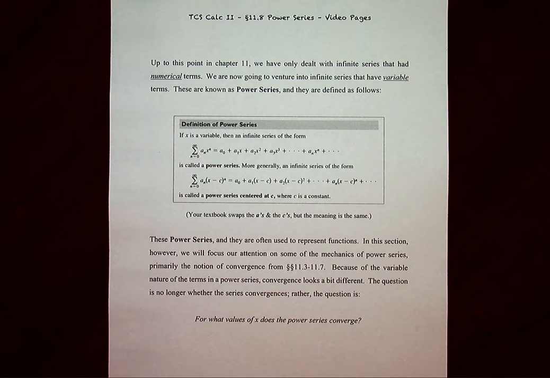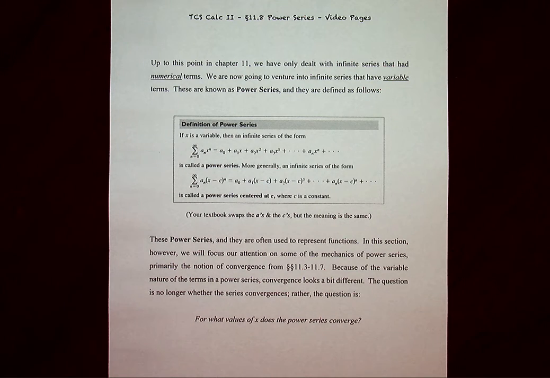This video is meant to supplement our discussion in class of 11.8, where we were discussing power series for the first time. We talked about convergence and divergence of numerical infinite series in sections 11.3 to 11.7.